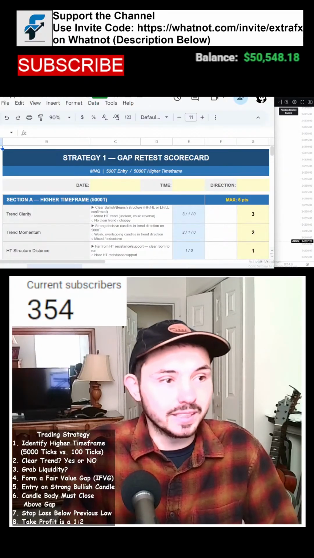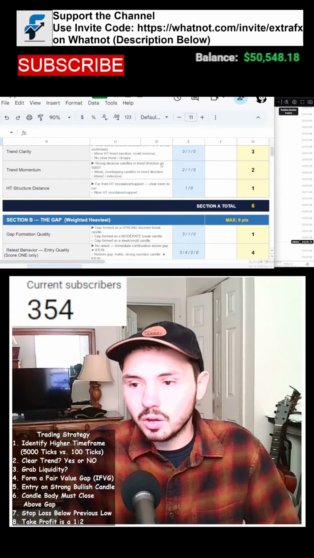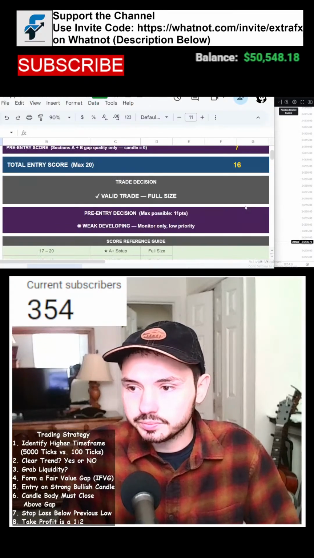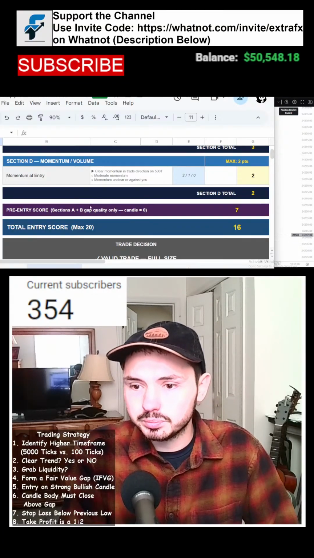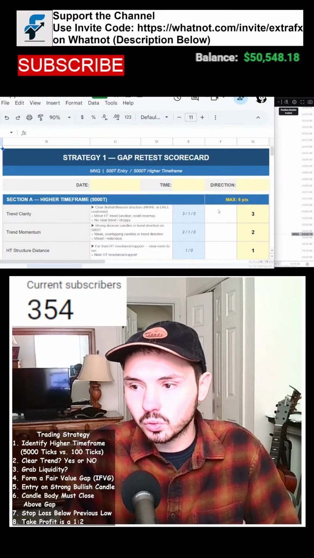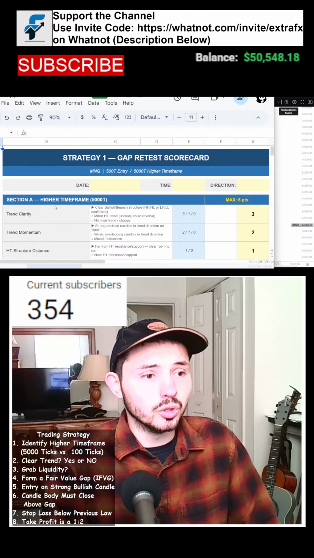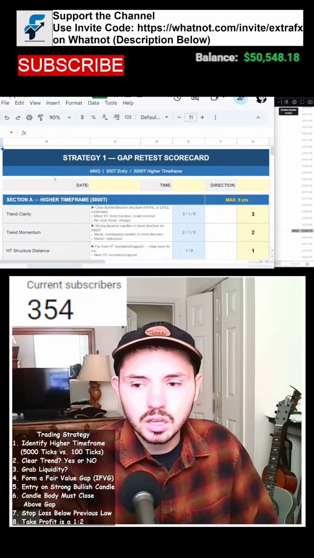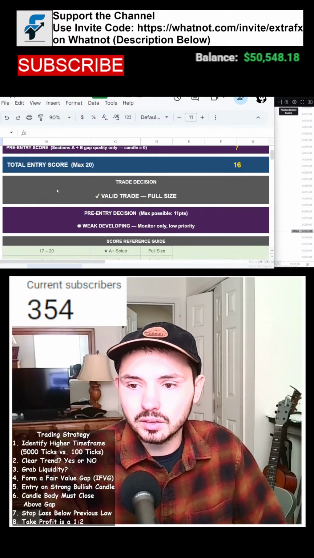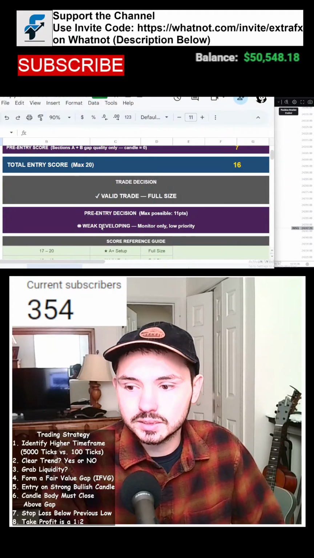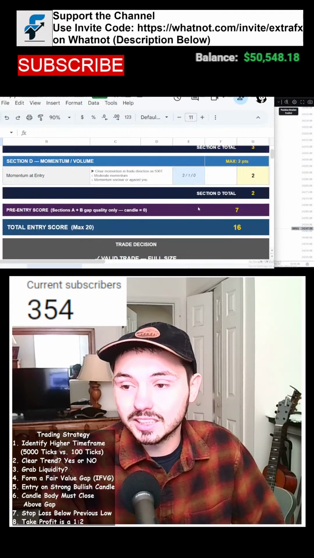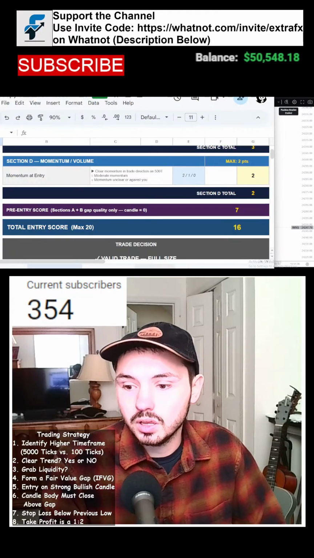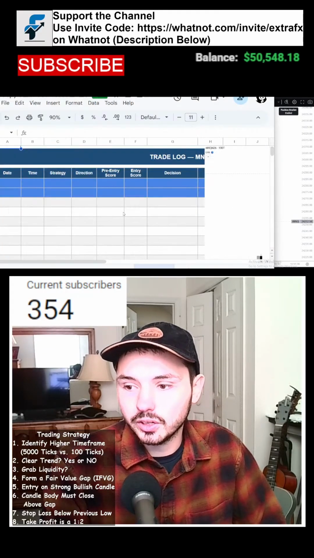Basically, you can see my different types of strategies right here, what I assign the point totals to. We have the pre-entry scores and my total entry scores. Pre-entry is what you look for before you even see the entry occur. And then the actual entry would be the size position, so the total entry score. And then we have my trade log right here.